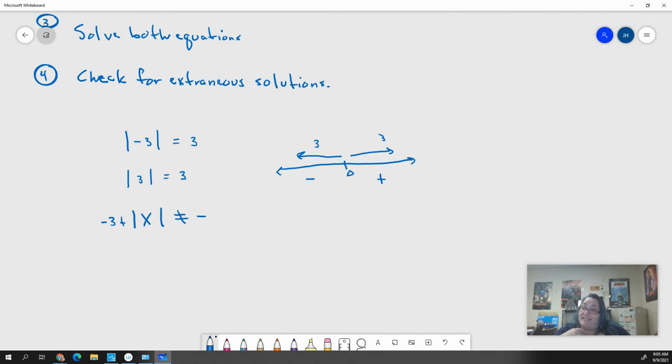But once I get this all by itself, so it's the only thing on this side of the equal sign, it can't have a negative solution. And if you think about that, it makes sense, right? Because if I have any value of x in here and I pull it out of the absolute value signs, it's going to be positive, right? So I think those are all of my little points I needed to make before we start playing with this.